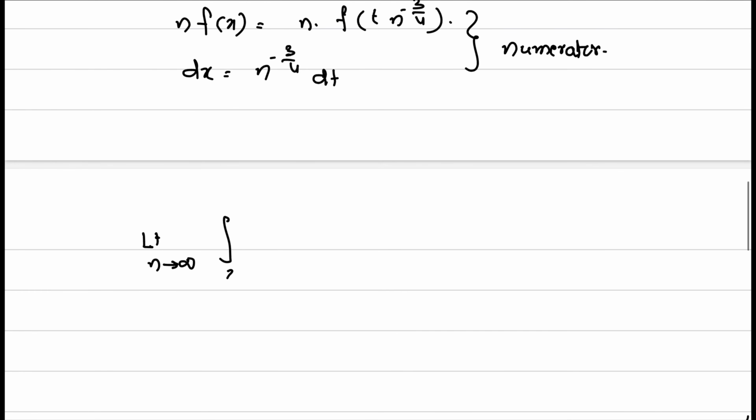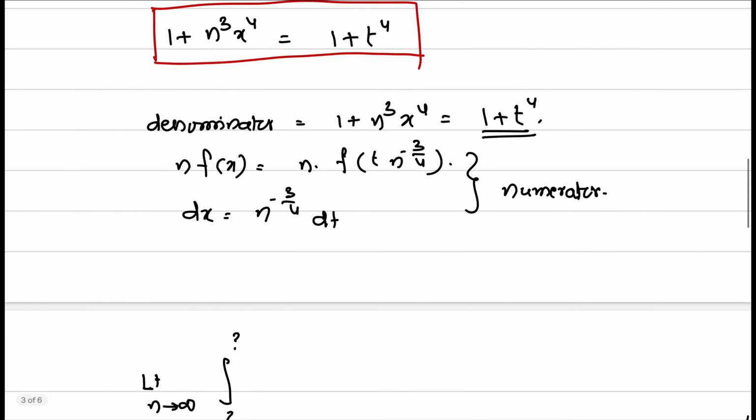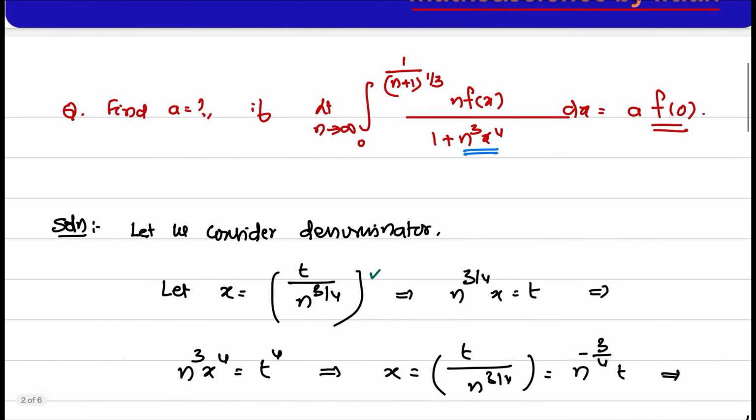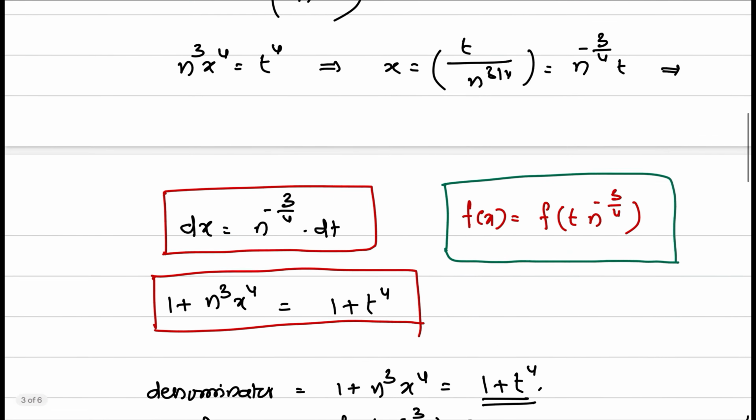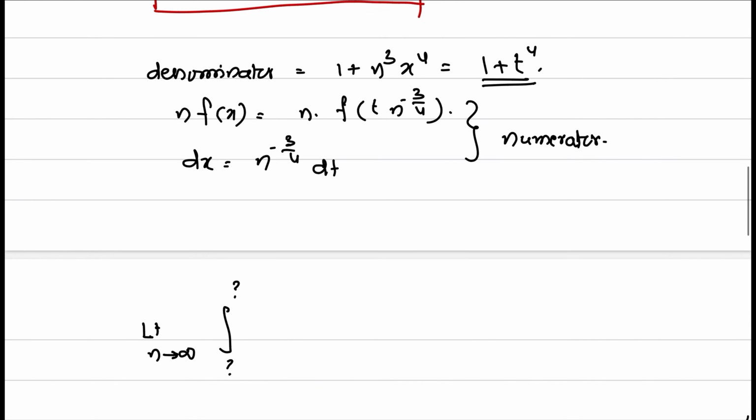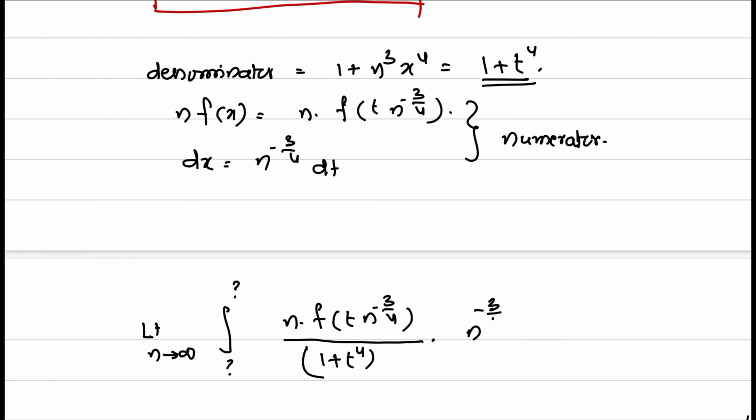Limits are unknown, we will find them now. n into f(x) is n into function of t into n to the power of minus 3 by 4, whole divided by 1 plus t to the power of 4, into what is dx? n into n to the power of minus 3 by 4 into dt.